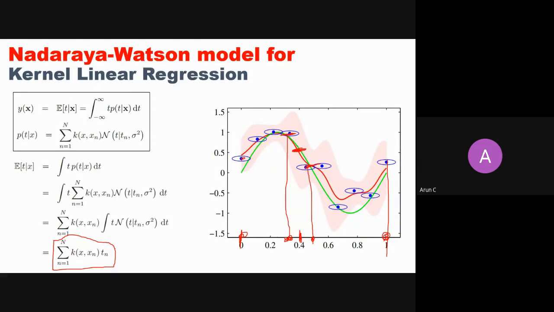These are the two points which give the heavy weight to this x. Based on the weight, I take, let's say, 0.5 for this because of the closeness, and 0.5 for this. I multiply each 0.5 by its target value, and I get this t, which is in the middle. This is how I'm getting it.